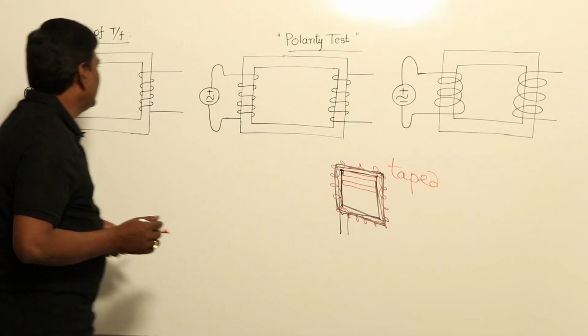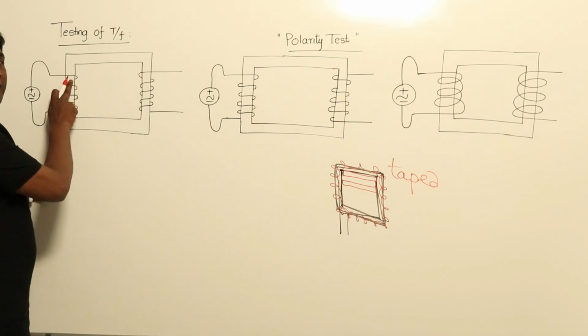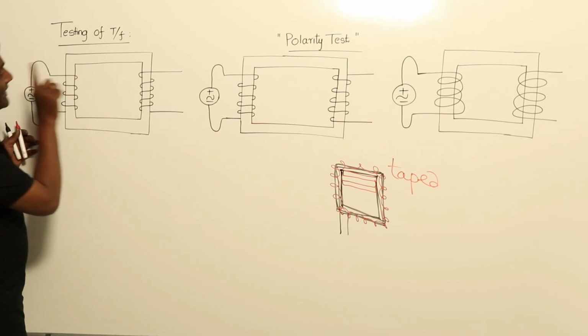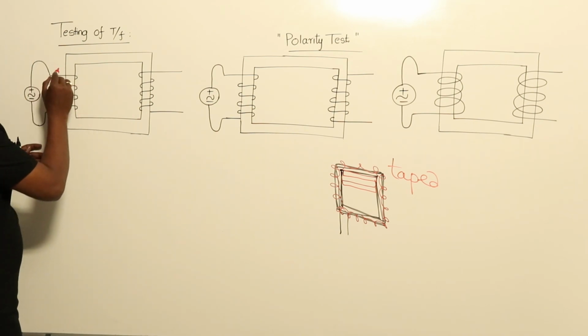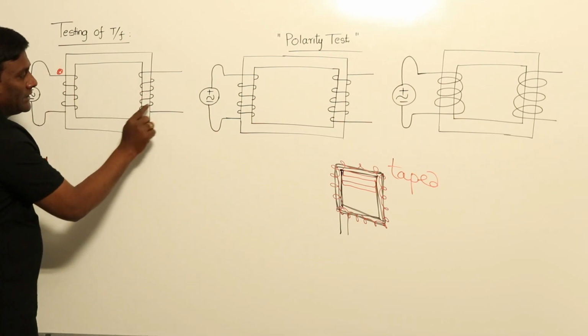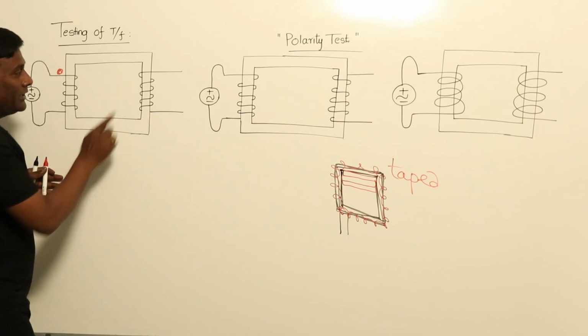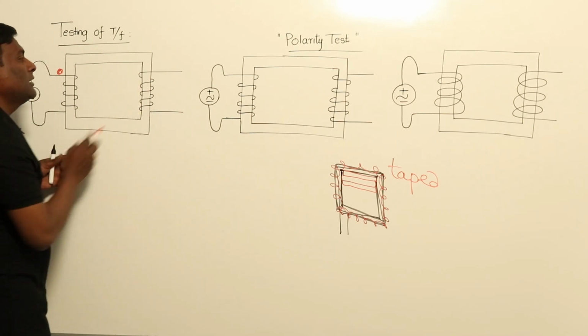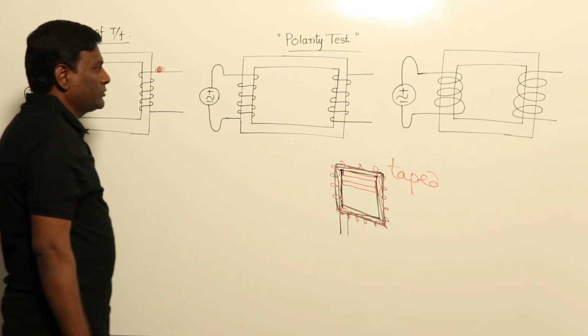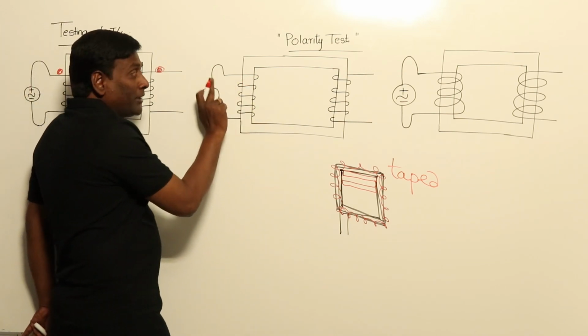For example, see here, this is the limb. Upon the limb my wire is there, keep the dot here. This one is actually behind the limb, but this one is upon the limb, so keep the dot here. Similarly here also, the limb is there and the wire is upon the limb.